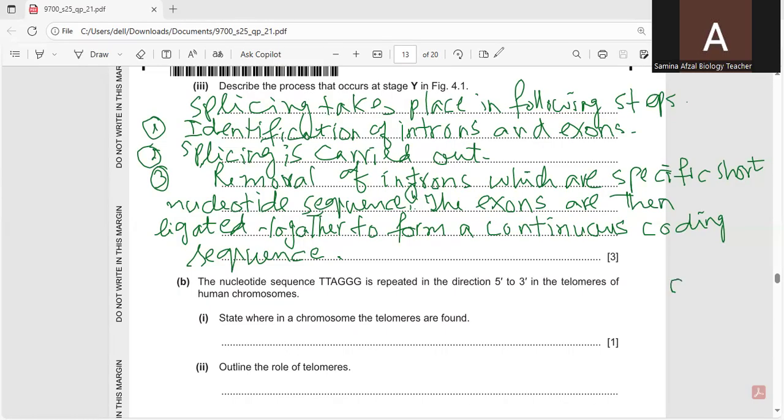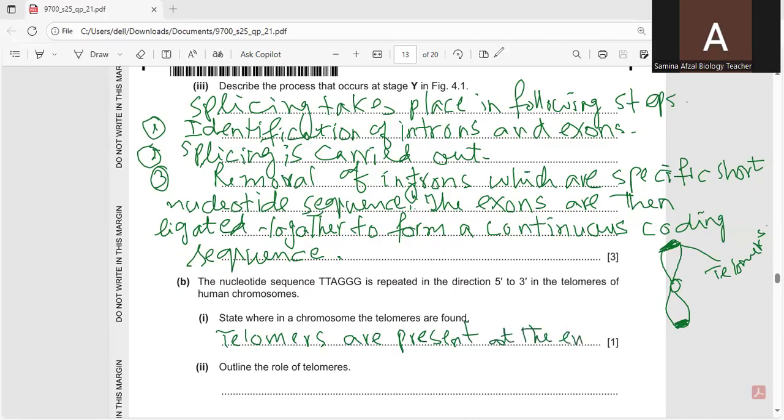So telomeres are present at the ends or tips of chromosomes.